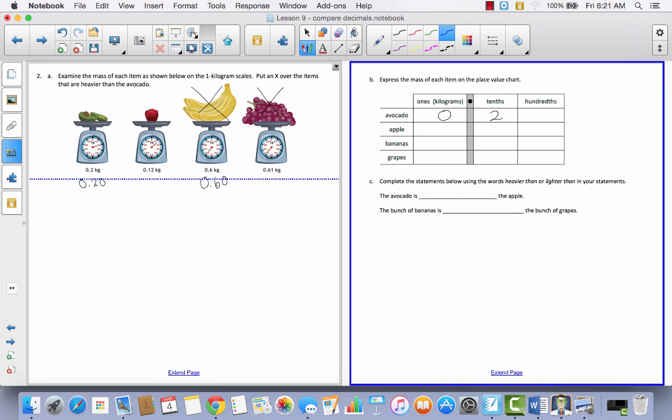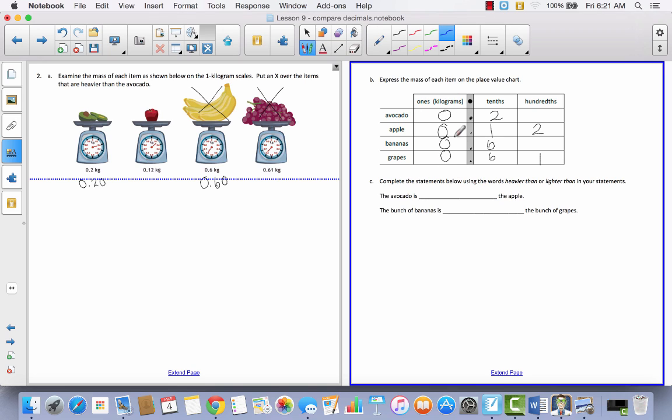And remember, our decimal goes right here. And then the apple, we had 0 and 12 hundredths. And then the bananas, we had 0 and 6 tenths. And then the grapes, we had 0 and 61 hundredths.